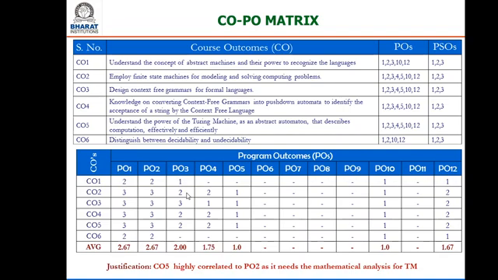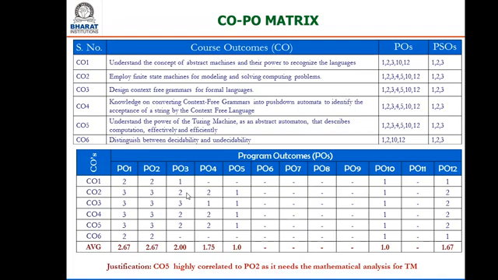If any CO is strongly related to a particular PO, that is denoted by level 3. If any CO is mapped with a PO moderately, that is denoted by level 2.